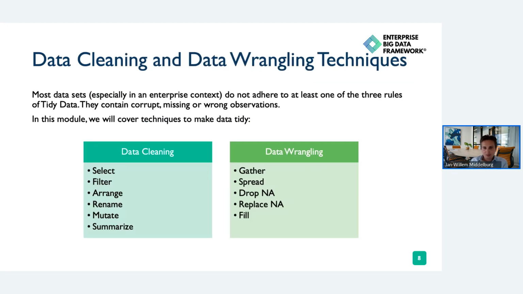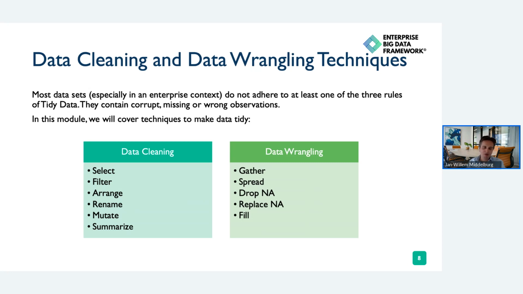Now let's look a little bit more at the practical aspects, because if you now have a better understanding of what data cleaning and data wrangling are, the key question becomes: how are we going to apply that? The reality, and most of you joining from a data science background will absolutely know this, is that most data sets you need to work with do not adhere to at least one of the three rules.